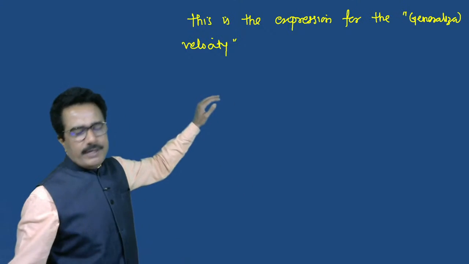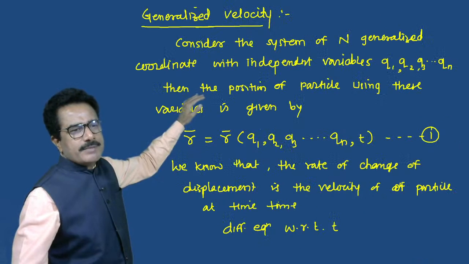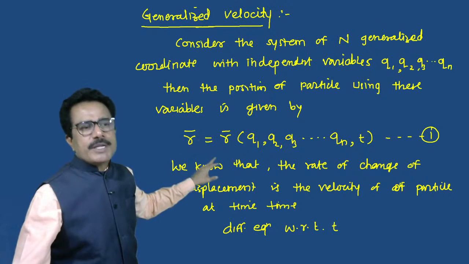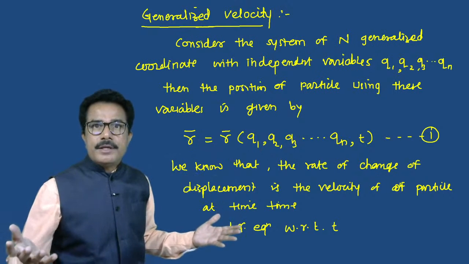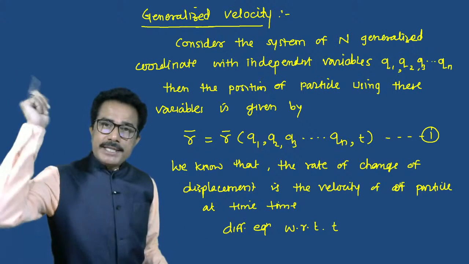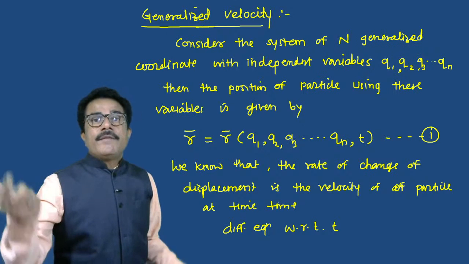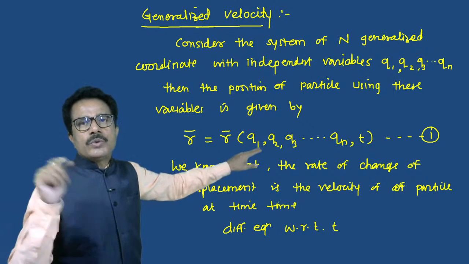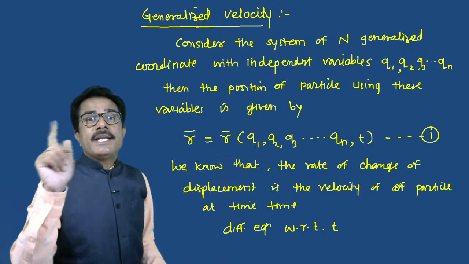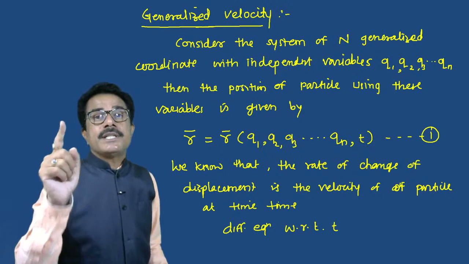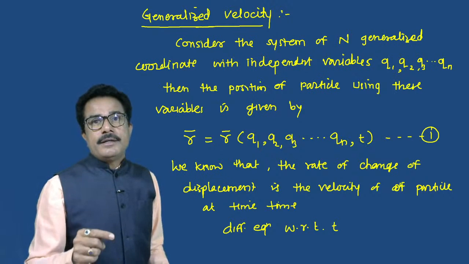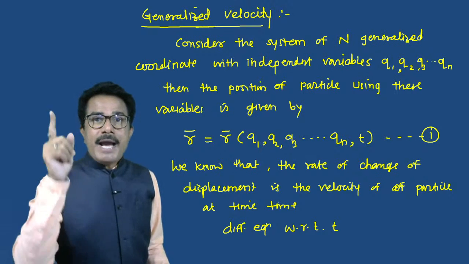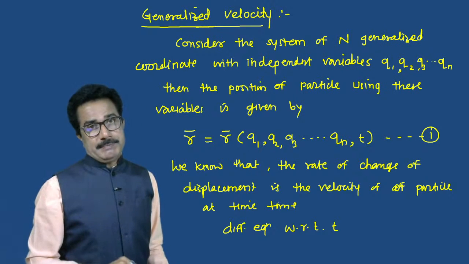Did you understand how we obtained the expression for generalized velocities? You know that this is the position vector of a particle, or displacement vector. R bar is the position of a particle at any instant of time t, which is denoted using the n coordinates q1, q2, q3, and there is one other parameter, that is t. T is a parameter which gives the time at that particular instant.